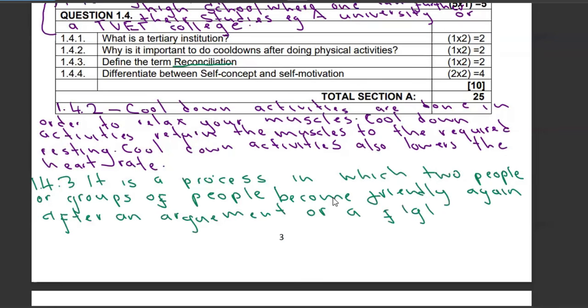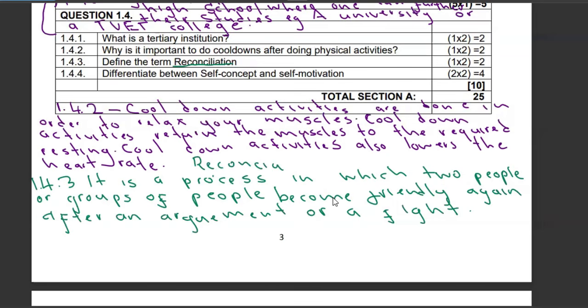So we are talking about a process in which two people or groups of people become friendly to one another again after an argument or a fight. So this is the definition of reconciliation.